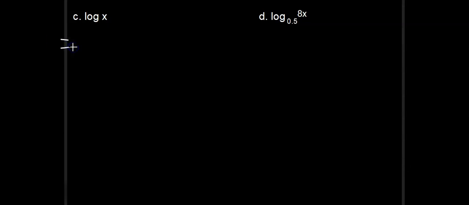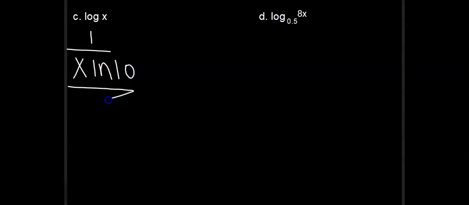My formula is u derivative over u ln a. So when you derive x, you get 1, and the whole thing over x ln 10, because that's what I'm going to use. And that's it. This is all you have to do and we're done.